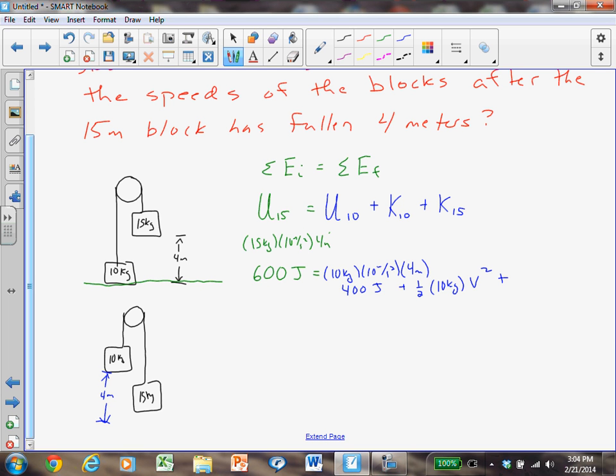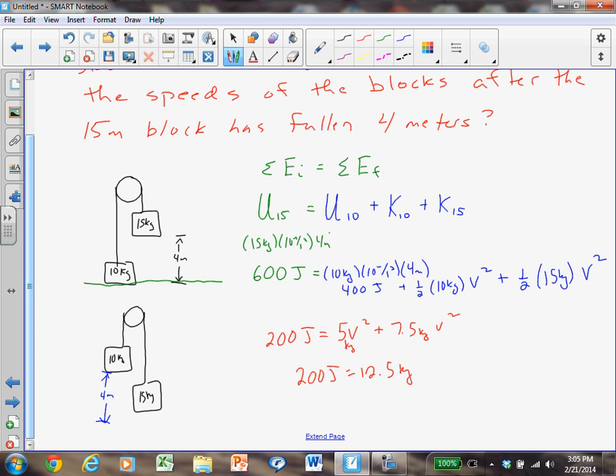But anyways, and then the 1/2 of 15 kilograms times that v squared. They're moving at the same speed, so we'll use that. So solving this, subtract the 400, we get 200 joules, and that equals 5v squared plus 7.5 v squared, which is 12.5 v squared.